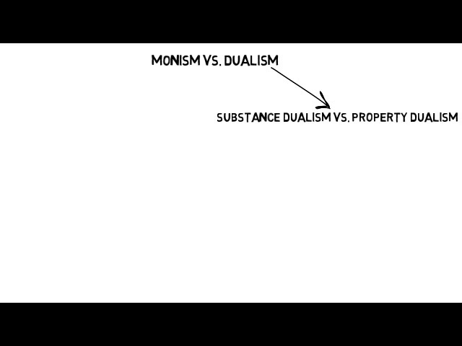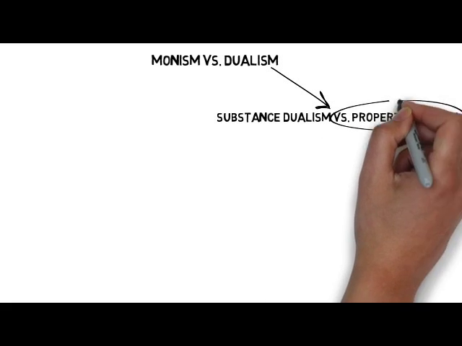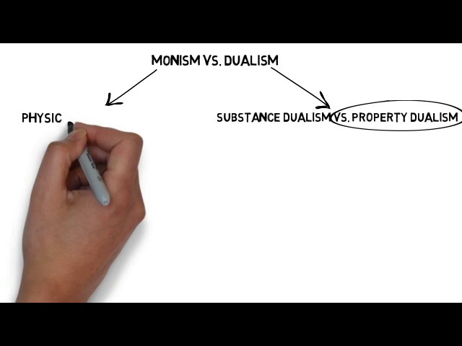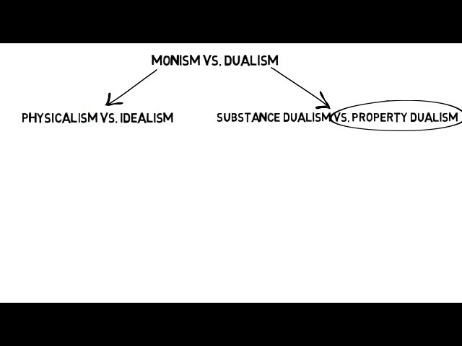As they see it, to be a substance dualist is rather like believing in ghosts. So most contemporary dualists are property dualists. In the case of monism, there were also two main options: physicalism and idealism. Today there are very few idealists, since the idea that everything is mind seems rather implausible.